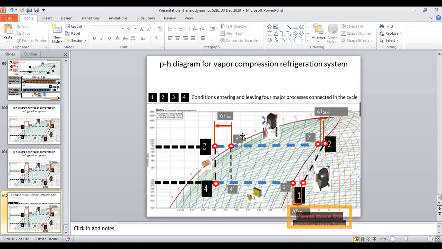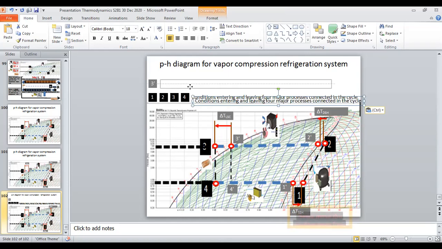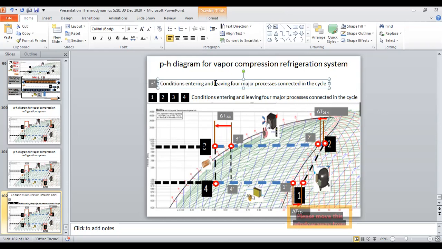Okay. Yeah. So let me take the point 3 dash now. So you know that 3 to 4 flashing is taking place. Okay. So 3 dash is the limiting point of 3.